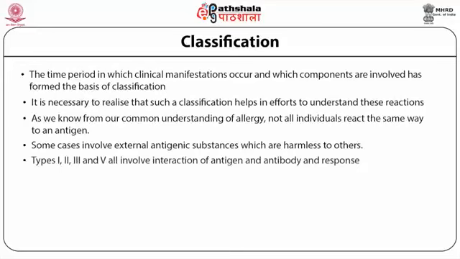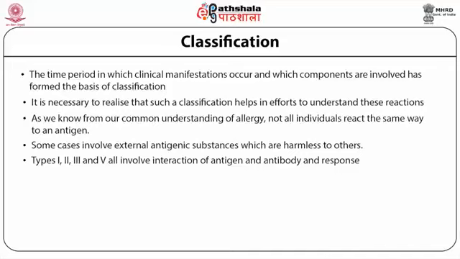Type 1, 2, 3, and 5 all involve interaction of antigen and antibody, and the response is fast. That is, speaking relatively to type 4 hypersensitivity response. Type 4 hypersensitivity depends upon T cell mediation and takes much longer time to manifest.